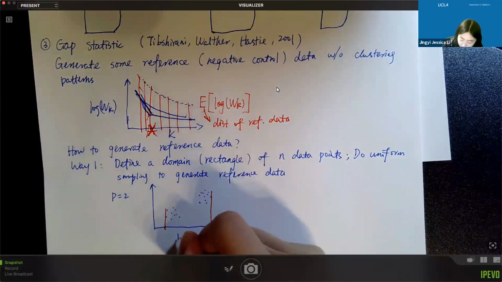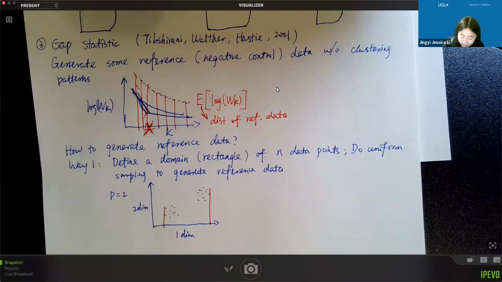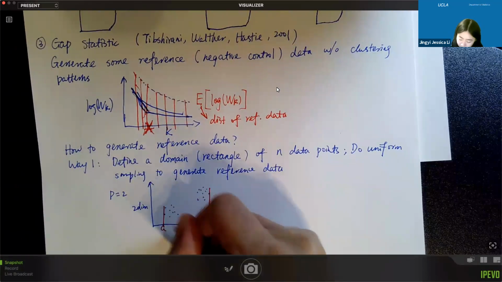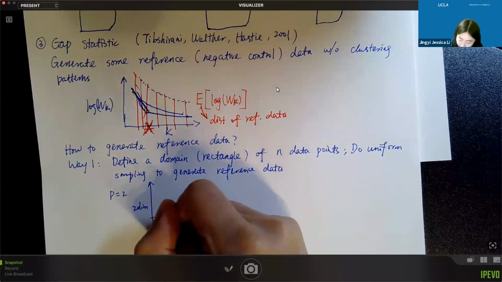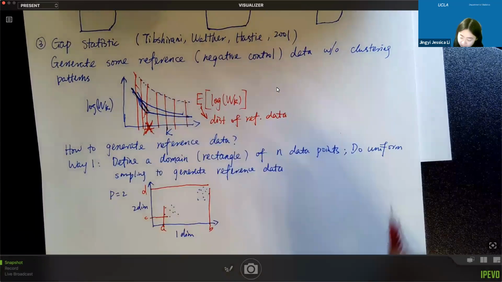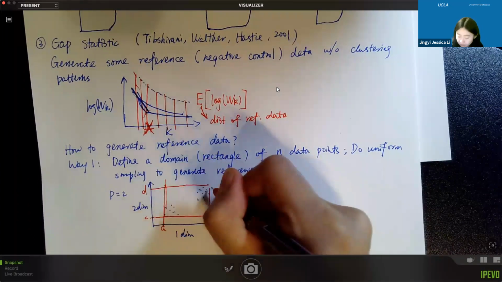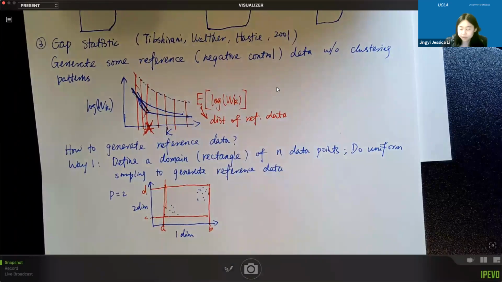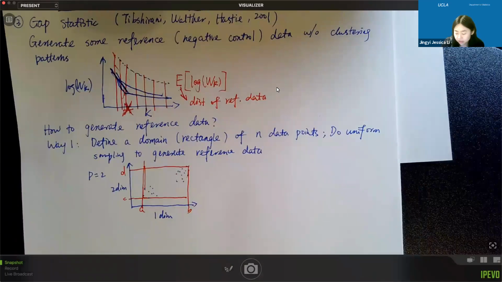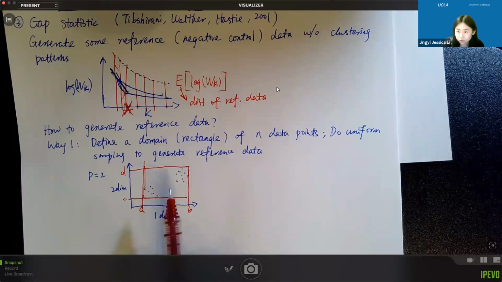This is dimension 1, and this is dimension 2. Let's call that AB and CD. Then this gives you a box, right? A rectangle defined by the limits. Then what you're going to do is draw n data points from this rectangle uniformly.